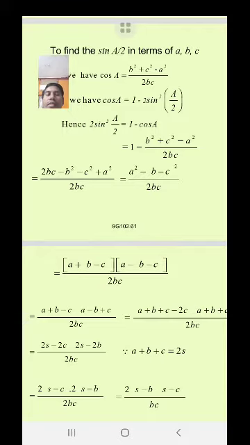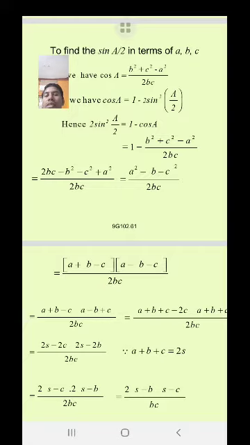Here, if we multiply, we will check whether the above step is coming or not. That means whether the numerator is equal to these factors or not. So a into a is a square, a into b is ab, and a into c is ac.